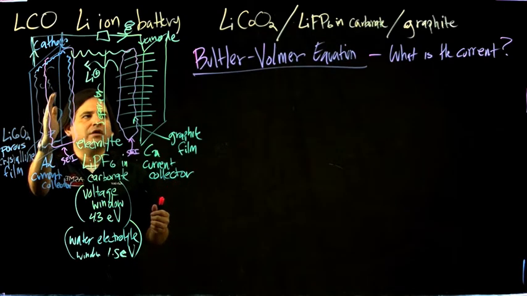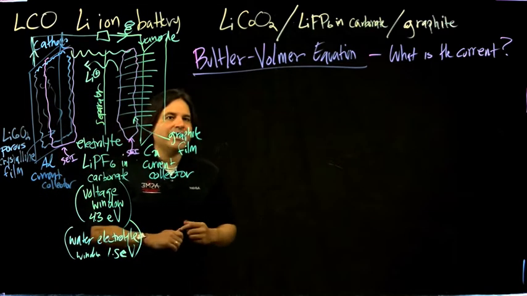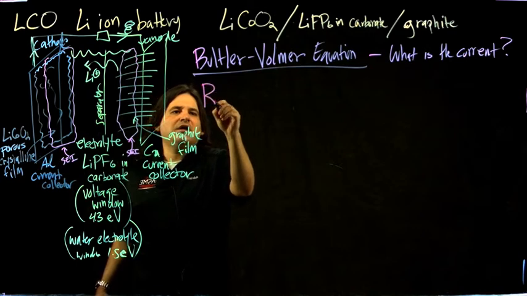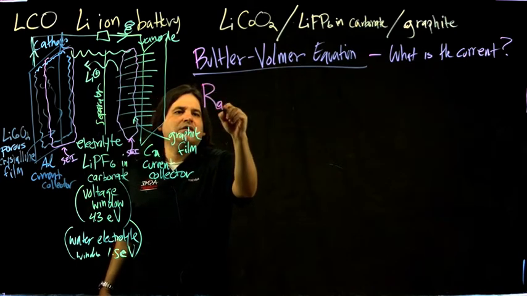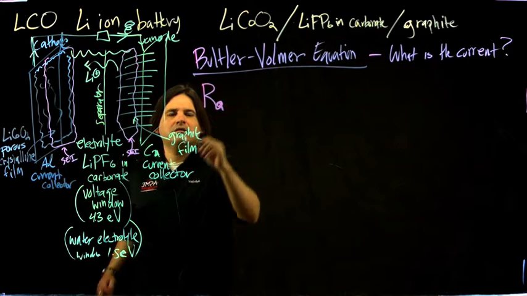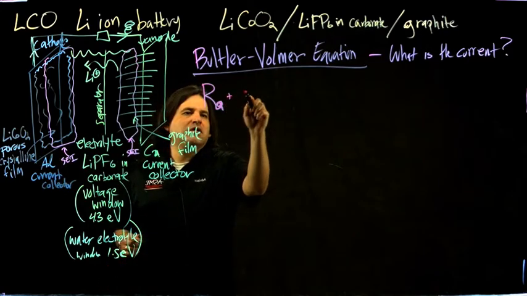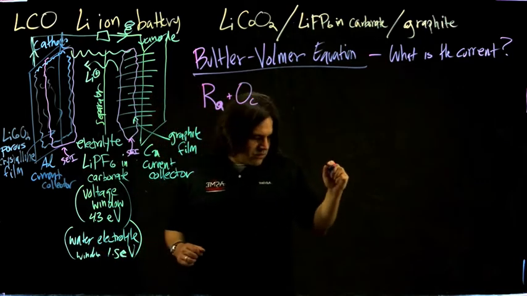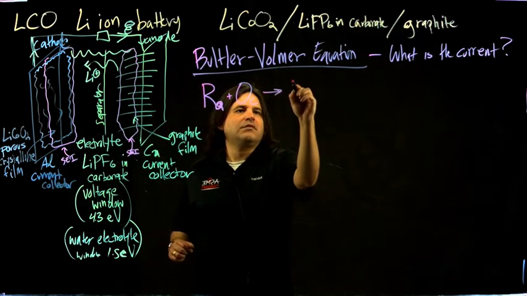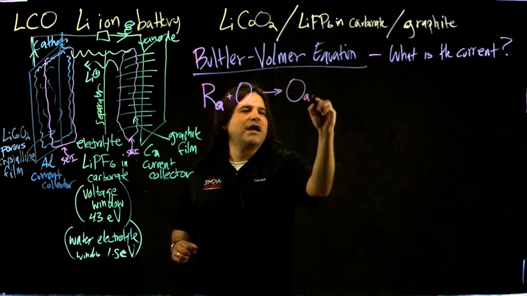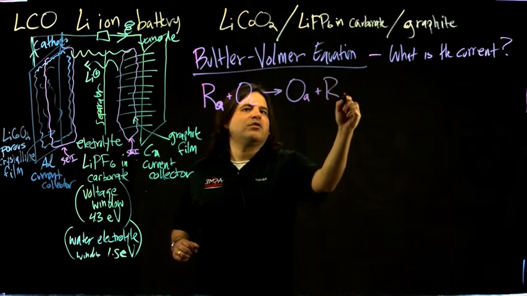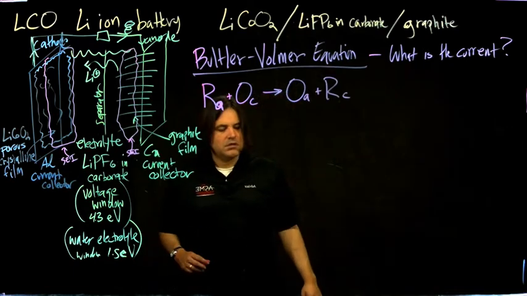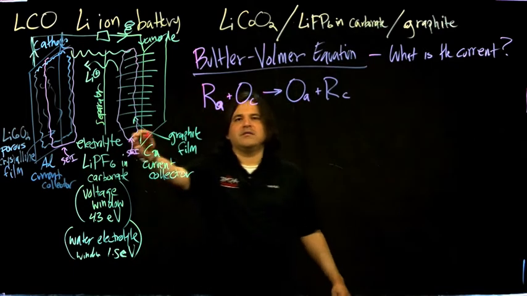So the net reaction in general that you can write would be a reduction product at the anode plus the oxidation product at the cathode goes to some oxidation product at the anode plus some reduction product at the cathode. That's a general way to describe what's going on for the whole cell.